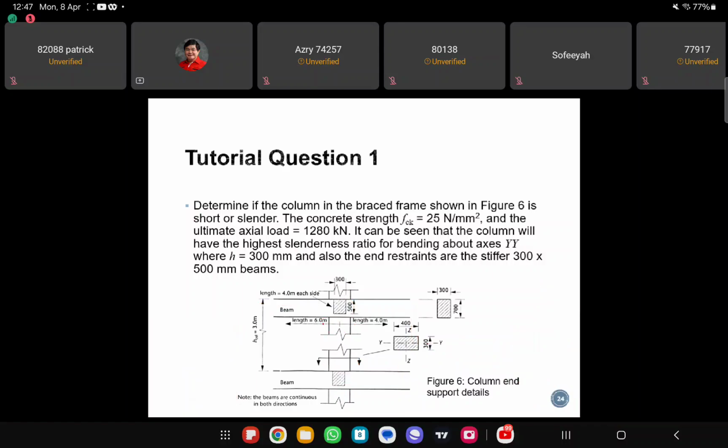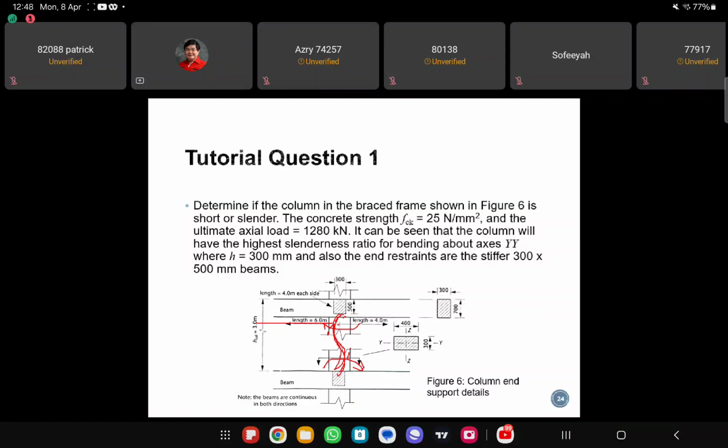Okay, so a double curvature column is the column that has moment on top that way, and the bottom moment is the other way, right? So in this case, the moment here will bend this way, and then the bending of the column at the bottom is the other way around. Okay, so this one is considered a double curvature column.